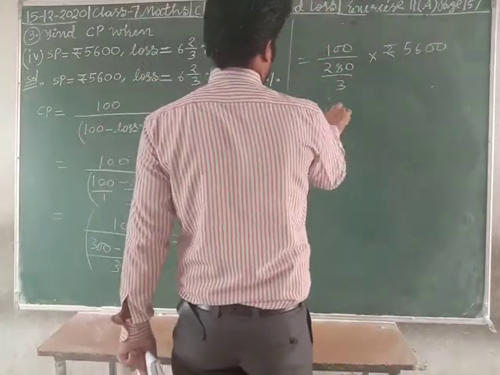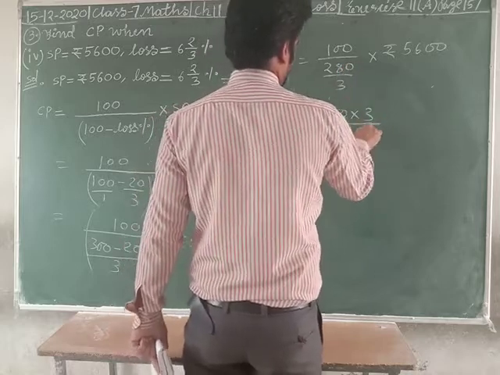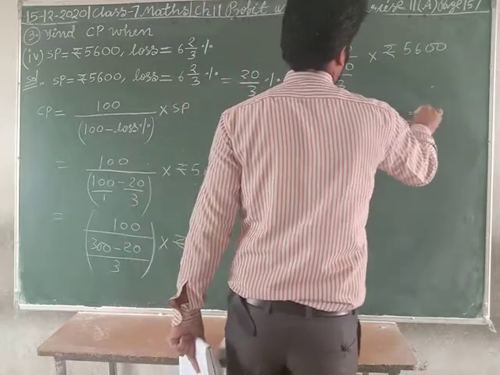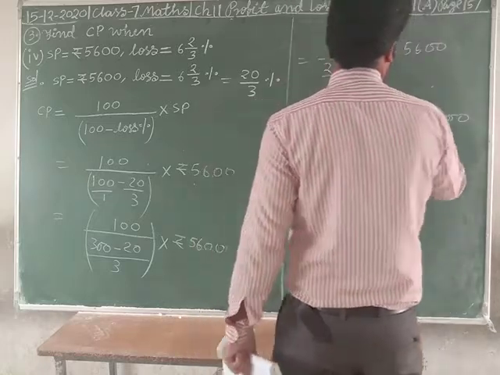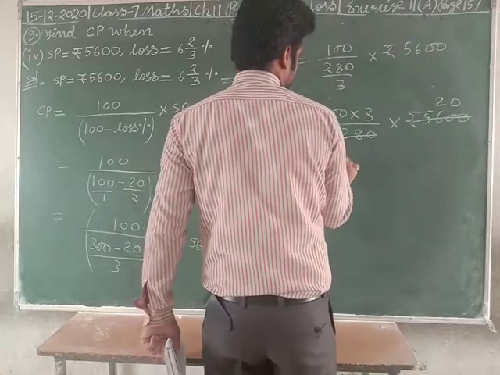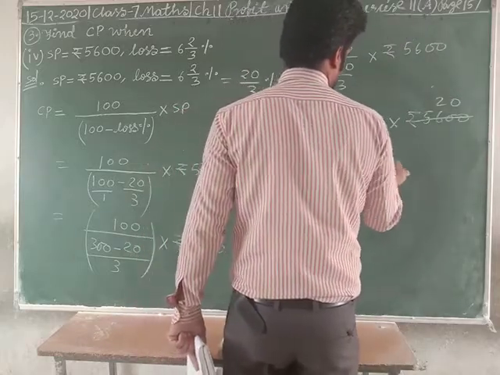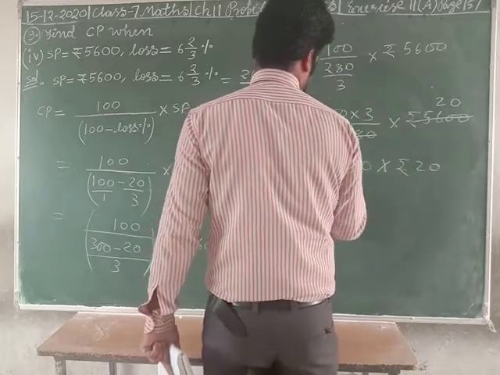Now here I write 100 into 3. This 3 will go outside and become 280 into rupees 5,600. We cut it and it becomes what? 20. Then here 100 into 3, 300 into rupees 20 is equal to rupees 6,000.